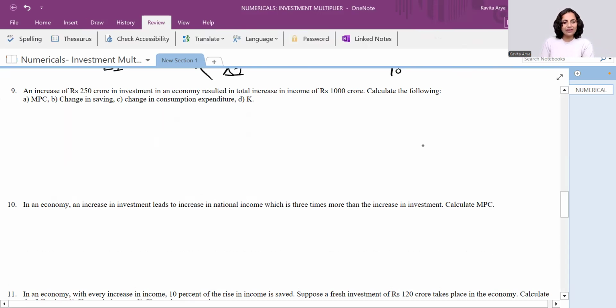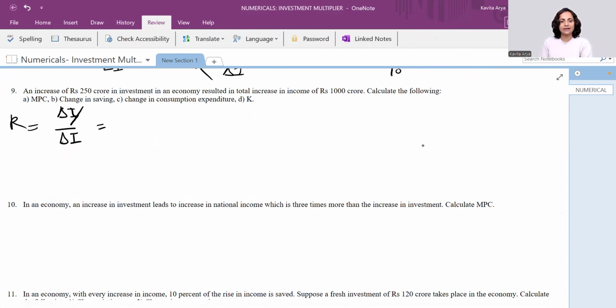They are giving you delta I as well as delta Y. So delta Y versus delta I is K. The investment was 250 and the income generated was 1,000. So they are trying to give us the value of K here, right?